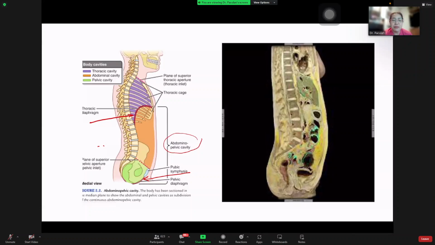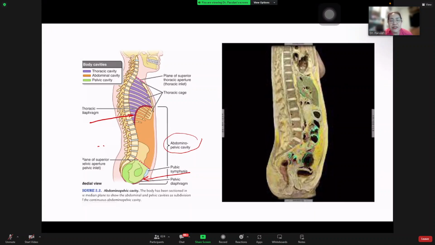And it extends superiorly into the osteocartilaginous thoracic cage. See that the ribs actually cover a portion of your abdominal organs.